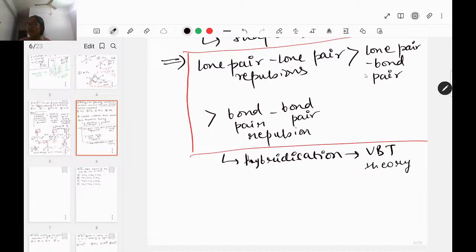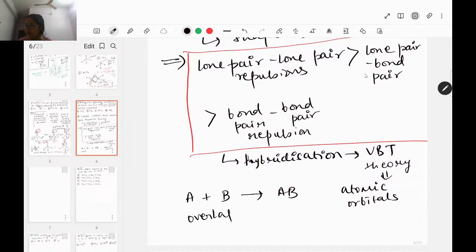So valence bond theory had introduced to us the concept of atomic orbitals. It told us that when two atoms, let us assume A and B, come together to form a bond AB, the atomic orbitals of A and the atomic orbitals of B overlap.